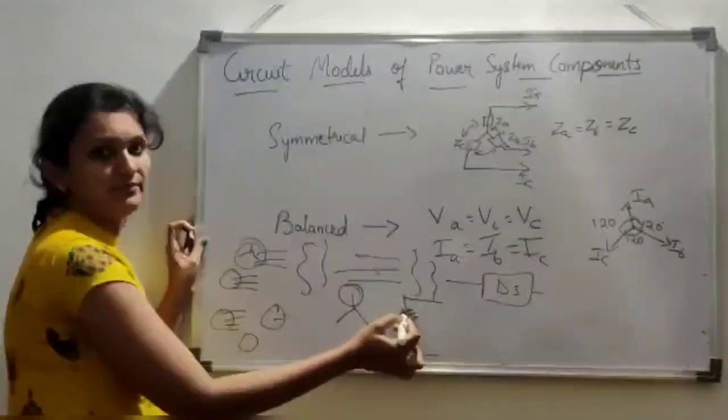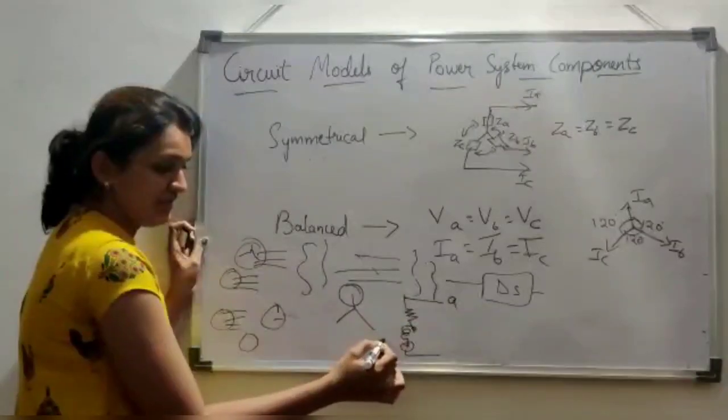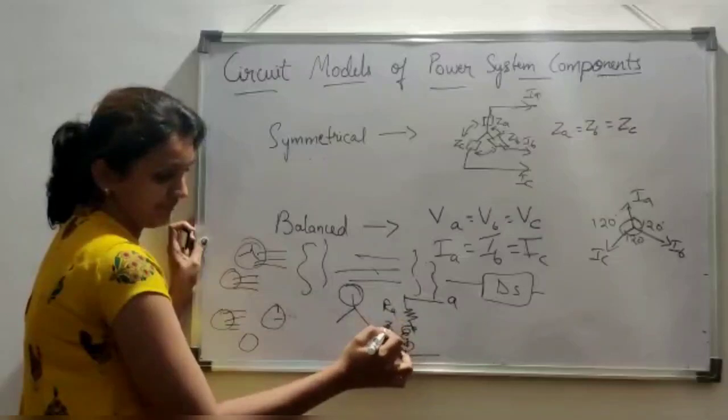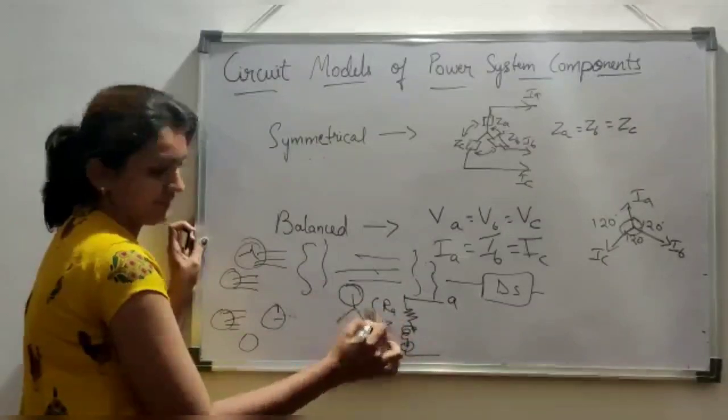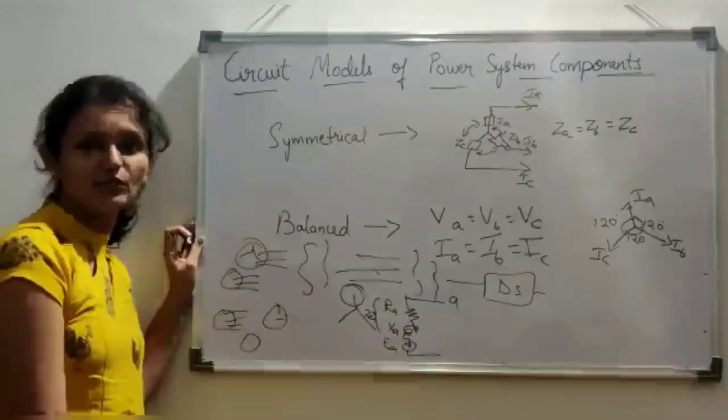This could be phase A, B or C, because all three are the same here. So let me just consider any one of the phases. This is nothing but the single phase equivalent diagram.